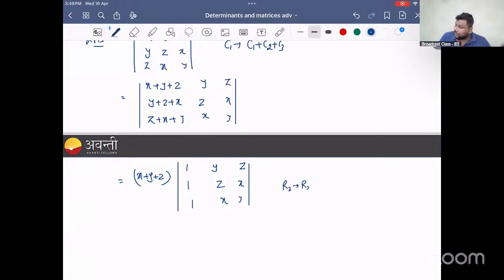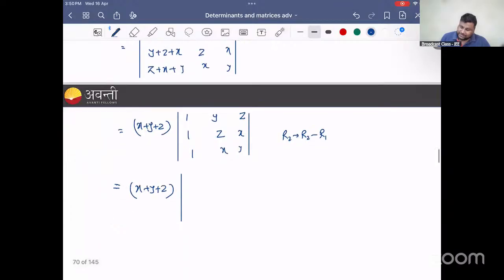Now write R2 as R2 minus R1. So no change in X plus Y plus Z. So 1 Y Z, 0 Z minus Y, X minus Z. And write R3 as R3 minus R1: 0, X minus Y and Y minus Z.